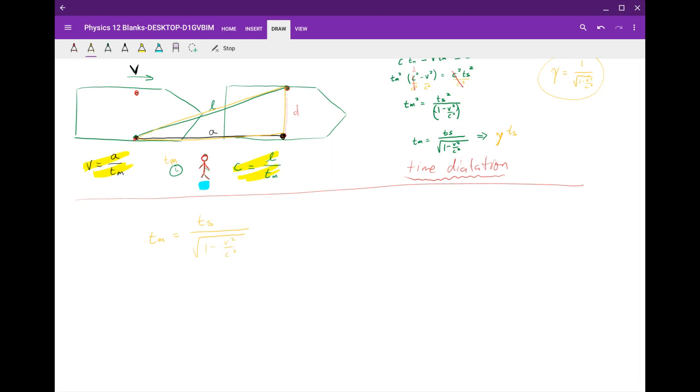So just algebraically, I'm going to break out the velocity of the ship, the velocity of the ship, and I'm going to multiply it by both sides, okay?